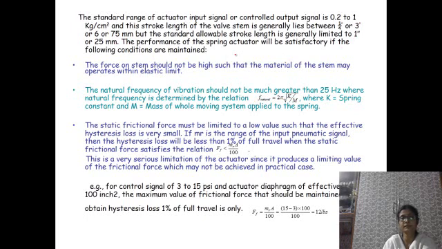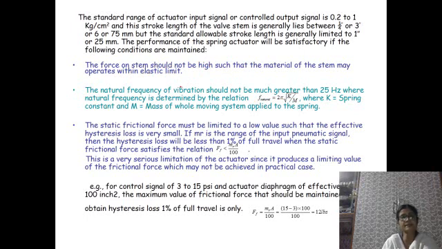The performance of the spring actuator will be satisfactory if the following conditions are maintained. What are the conditions? The force on the stem should not be so high that the material of the stem may operate beyond its elastic limit. That means the force should be such that the material elastic limit should not be crossed.